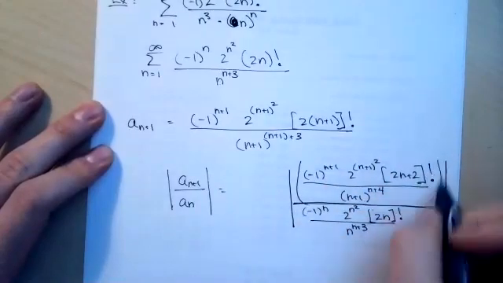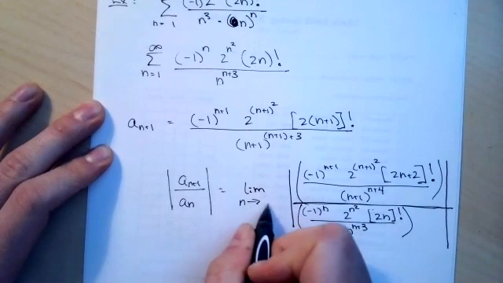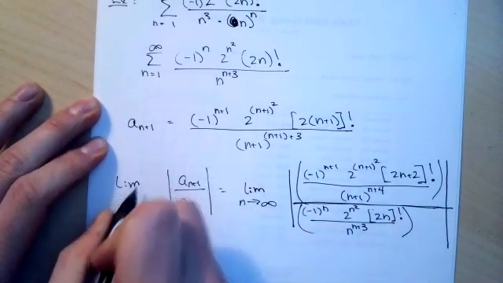So those are our ratios. We're computing the limit.